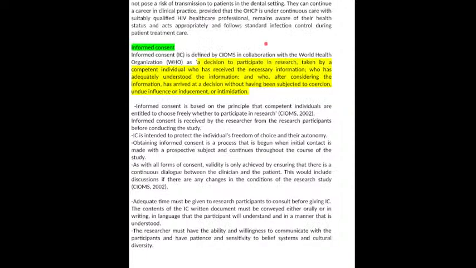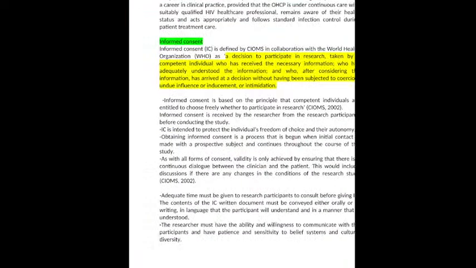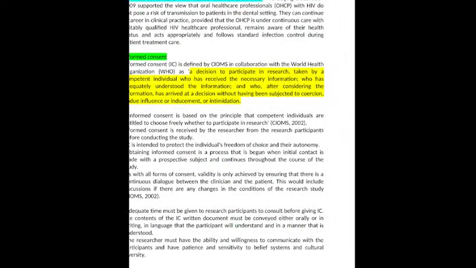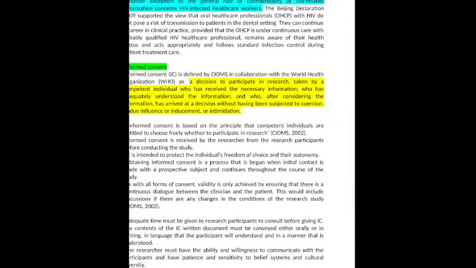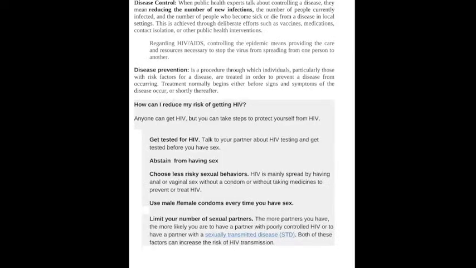So students, that marks the end of our lesson on HIV and AIDS. Please remember that today we have looked at prevention and disease control. Remember, we said it's important that we are able to differentiate the two. We have also looked at ways you can reduce the risk of getting HIV.